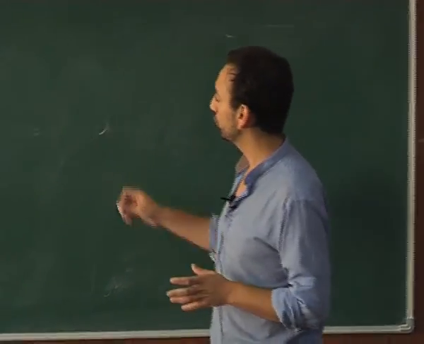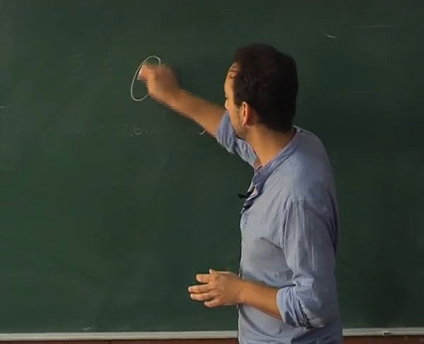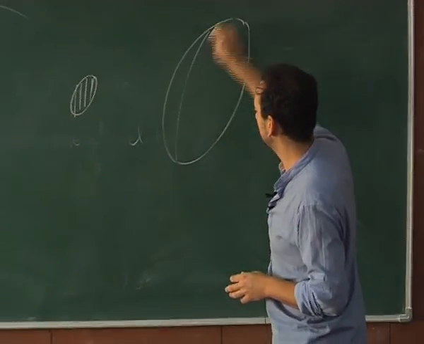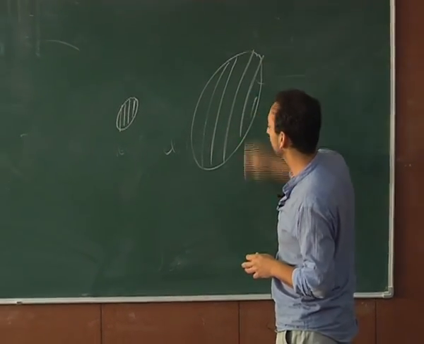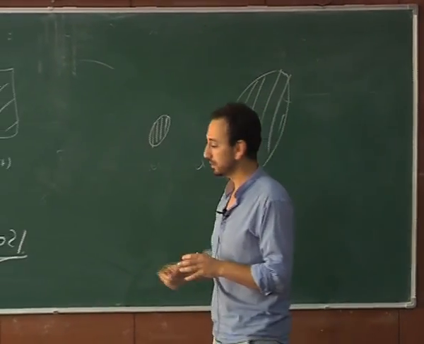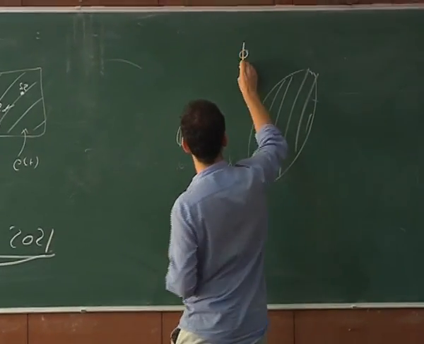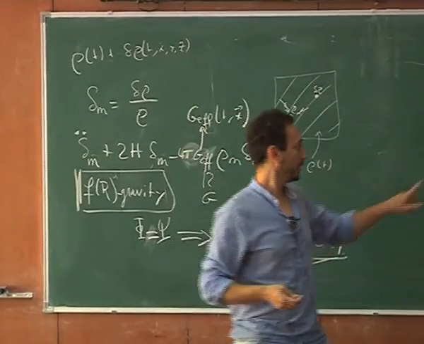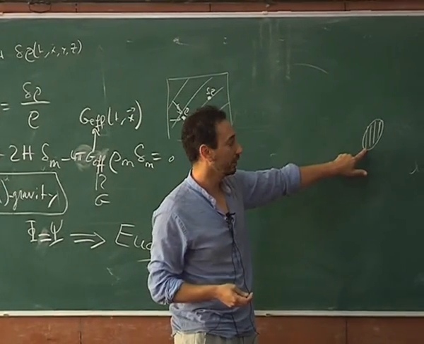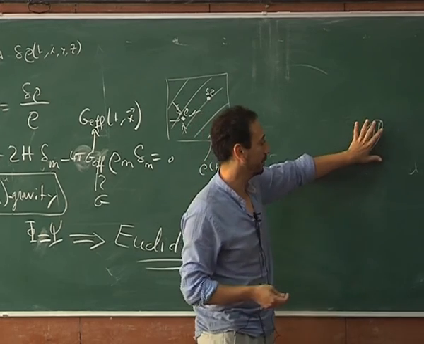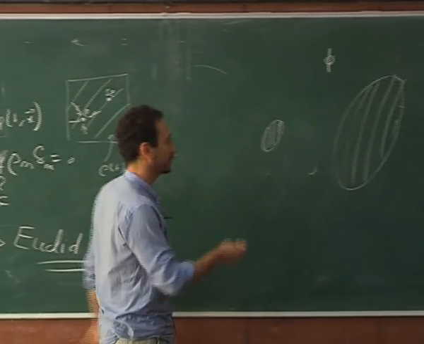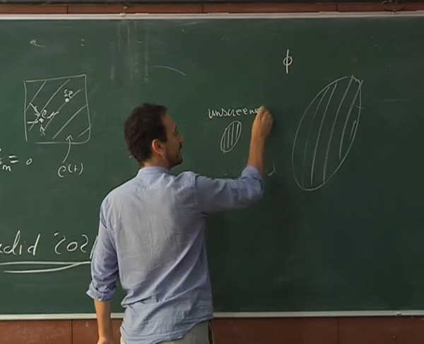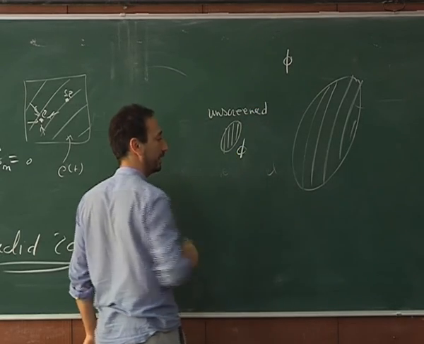Now let's look at the situation of two galaxies. You have a small galaxy and you have a big galaxy. What's happening is that the scalar field is everywhere. Let's suppose that the scalar field exists, and it is everywhere. Here, there is very little matter, so the scalar field couples just a little bit, so actually it's unscreened, in the sense that you will feel the scalar field here.